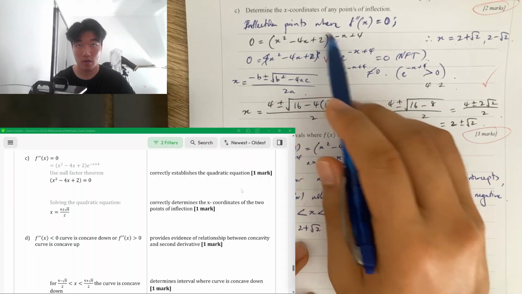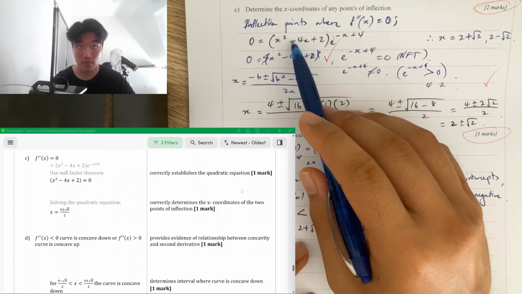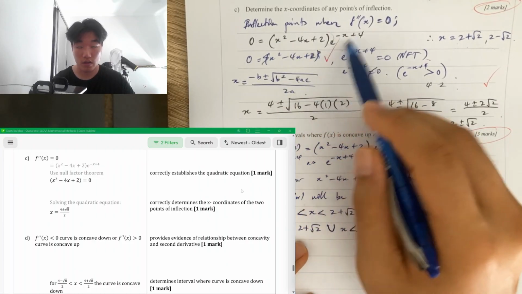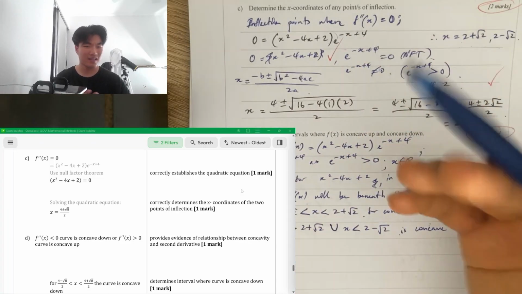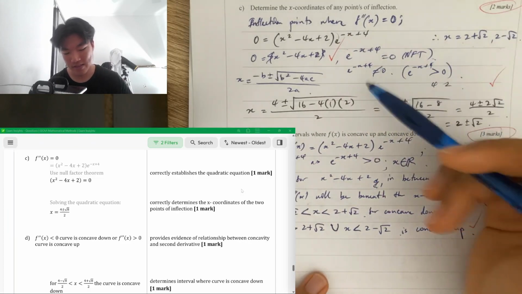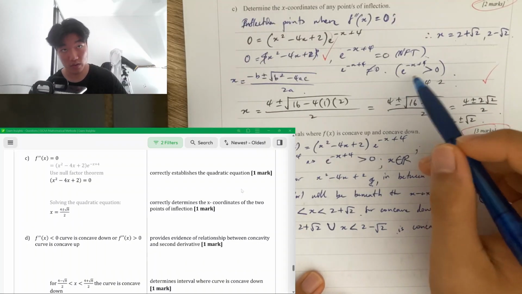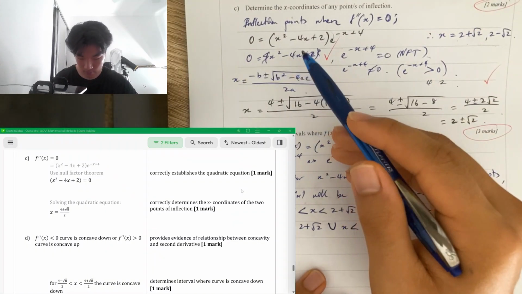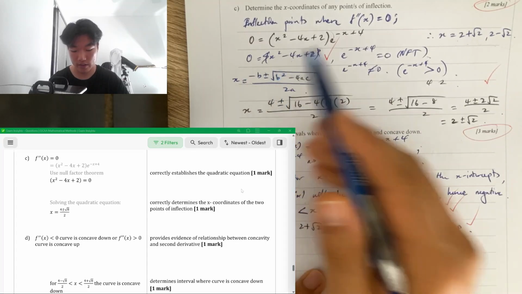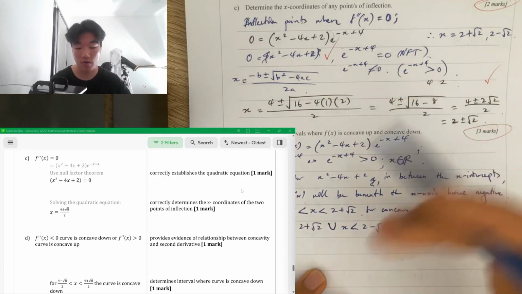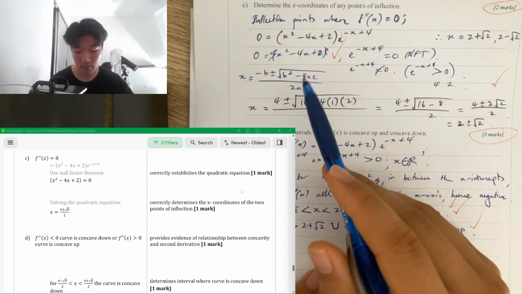So this quadratic factor equals 0, or this exponent part equals 0. But we said earlier that it can't be 0. Same reason, right? It's always going to be greater than 0. So it's going to be the solutions to this quadratic factor that are the x coordinates of points of inflection.